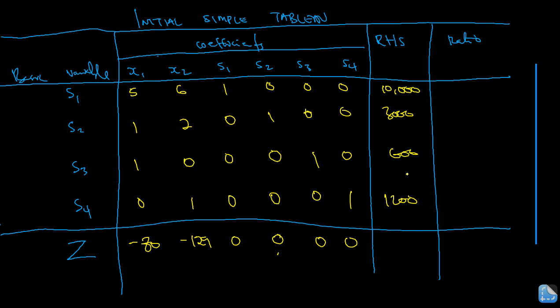Now once we have drawn our initial table, we must now begin solving for our simplex table. The first thing we must do is look at the last row of our initial table.